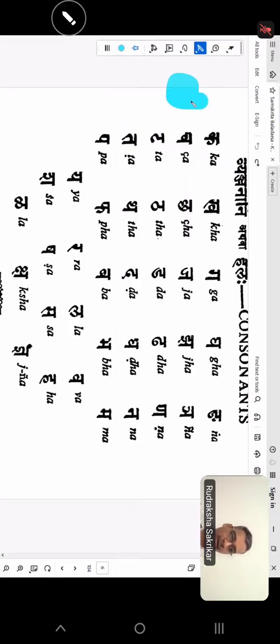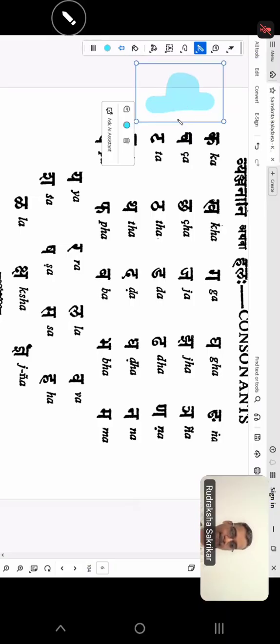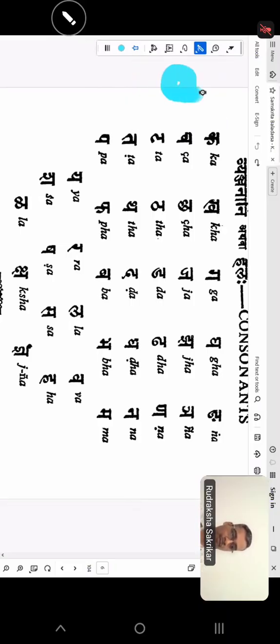Now this is how we write k. In this k, this is the vertical line.